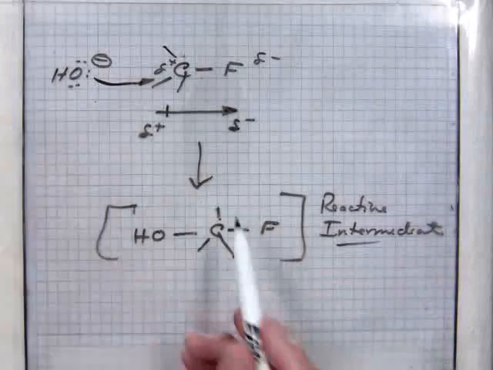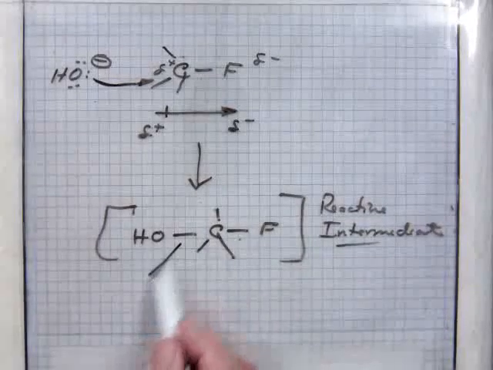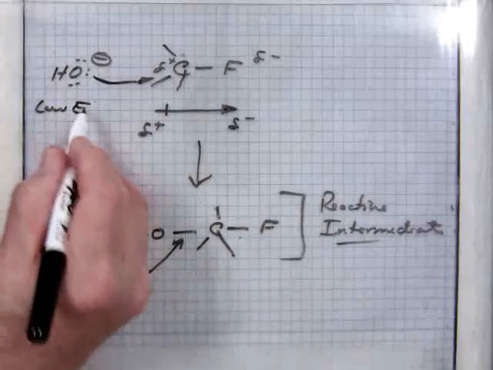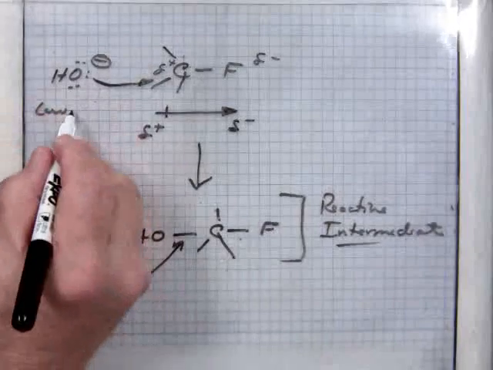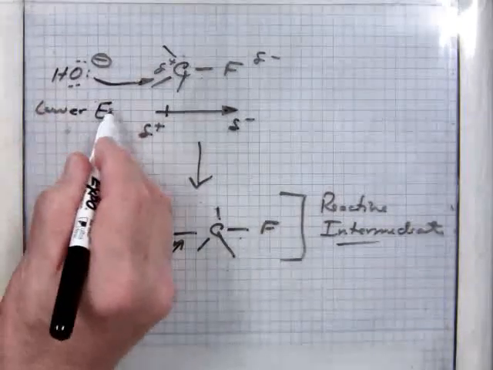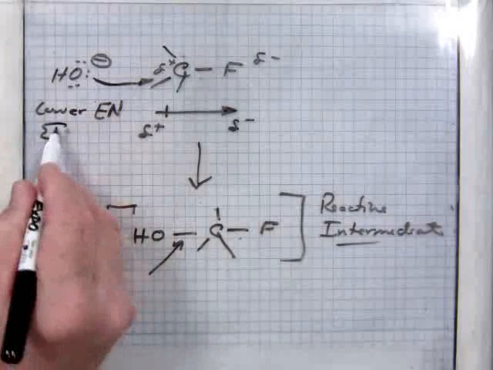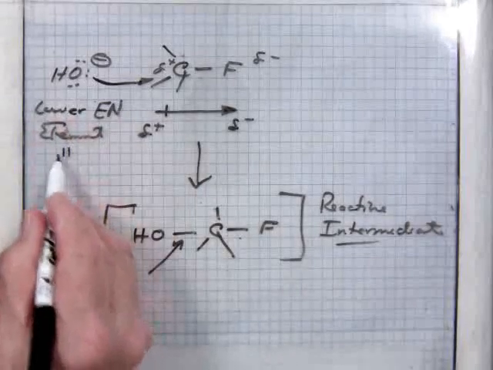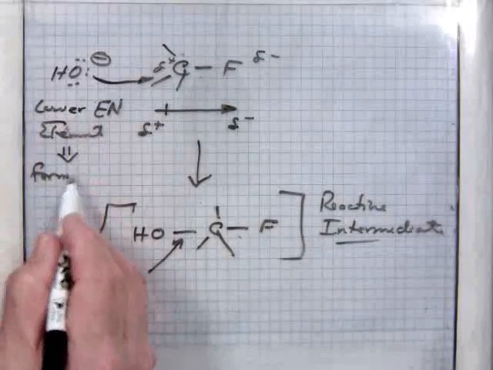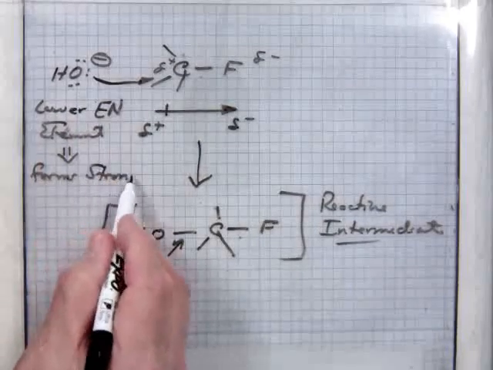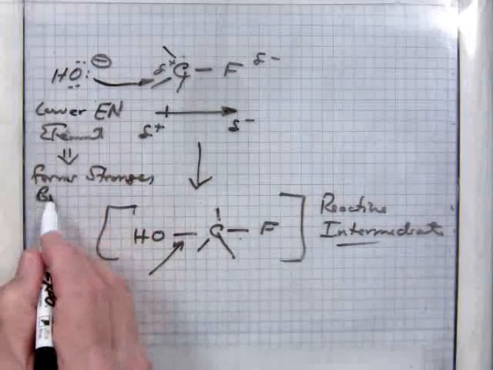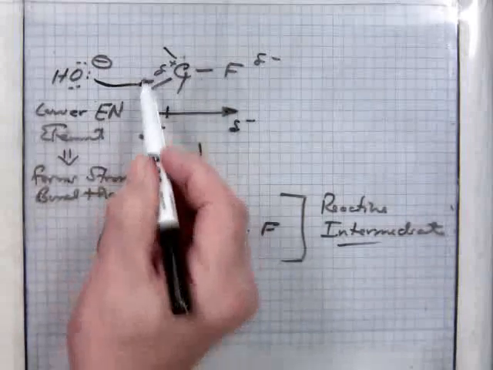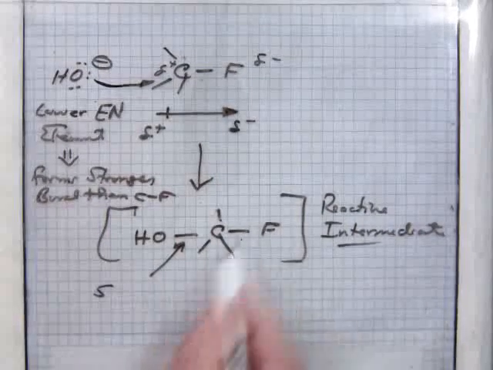And because this bond is coming in from a lower, let's put it that way, lower electronegative element, it would not distort the bond, and as a result forms a stronger bond. It would be a lot stronger bond than the carbon fluoride.